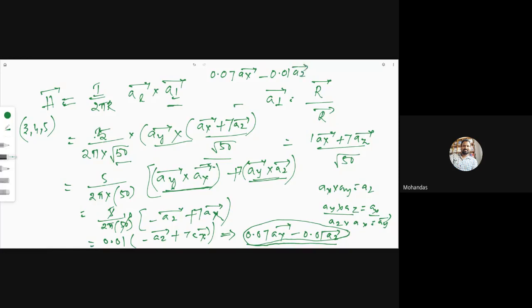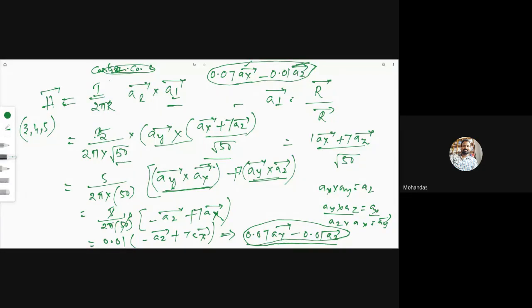So what is the meaning of this answer here? The magnetic field intensity is having two components, one along AX, another one along AZ. It is in which coordinate system? Cartesian coordinate system, not in cylindrical, it is in rectangular coordinate system.